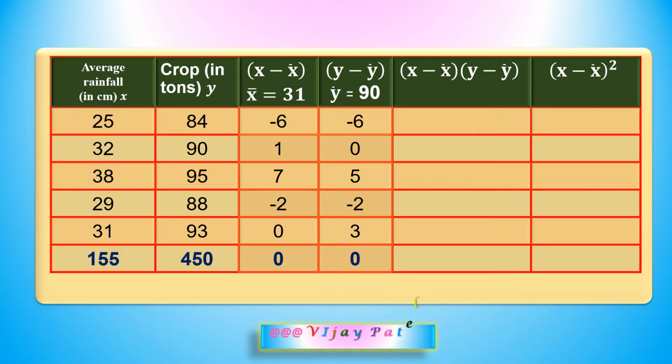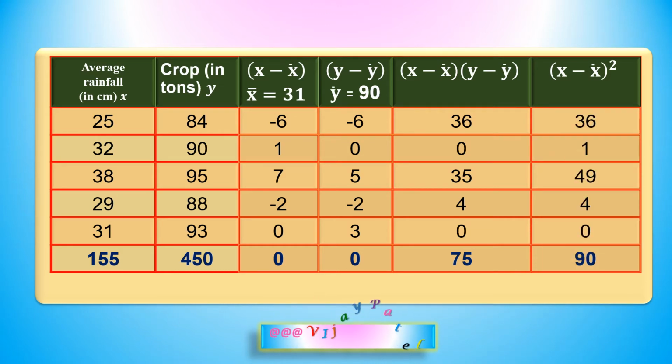So the total of values of y minus y bar always becomes 0. Now multiplication of the third and fourth column will get 36, 0, 35, 4 and 0, total is 75. Now the squares of x minus x bar are 36, 1, 49, 4, 0 and total is 90.